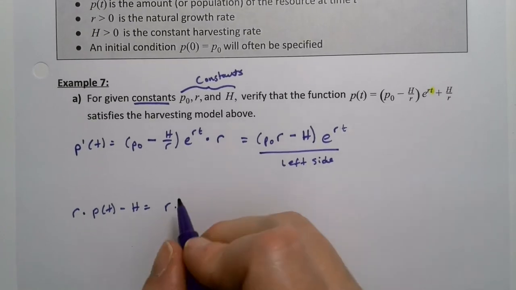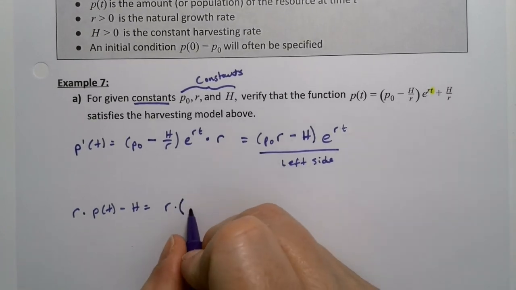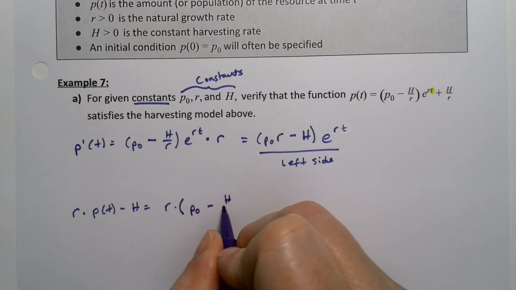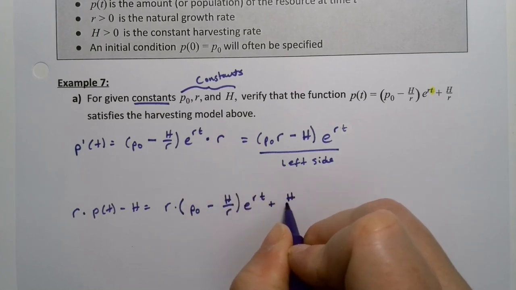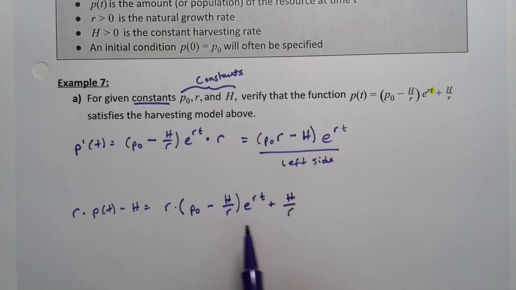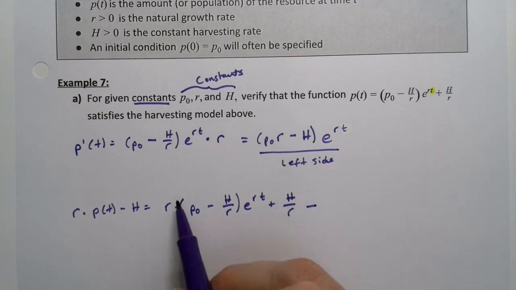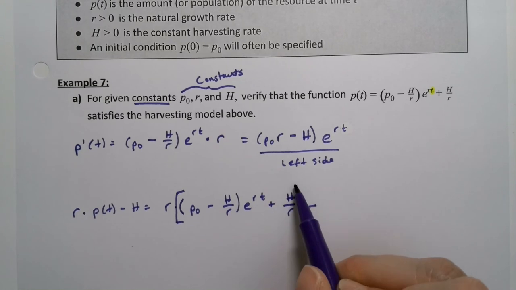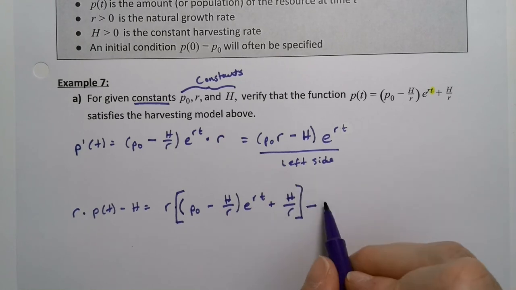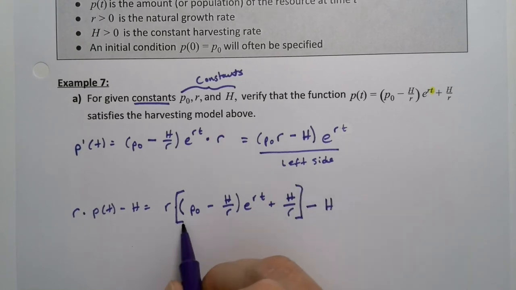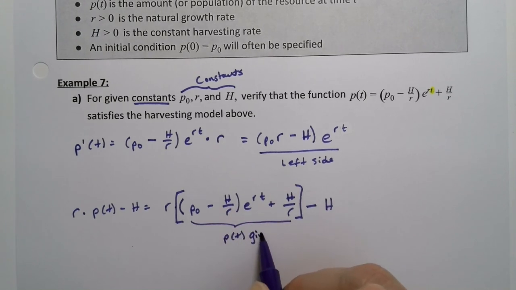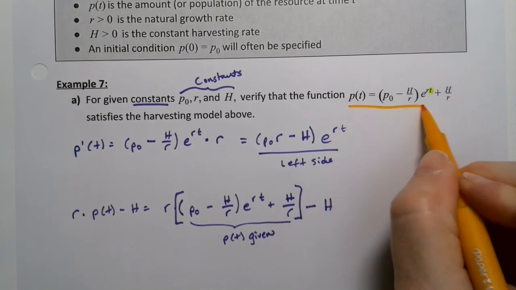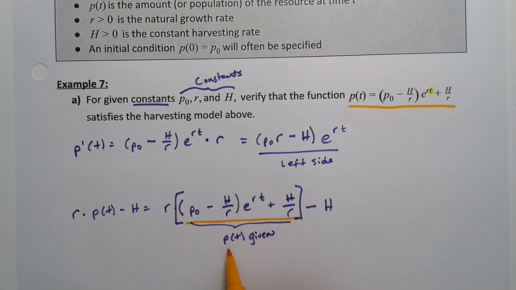So that would be (P0 minus H over R) e to the RT plus H over R, minus, all of that goes in there for P of t, minus H. So this whole thing was P of t that was given. Here, let me highlight it for you. This is P of t, so that's right there.